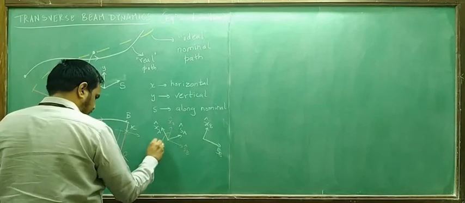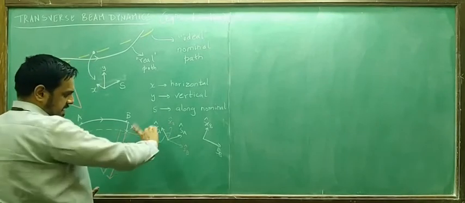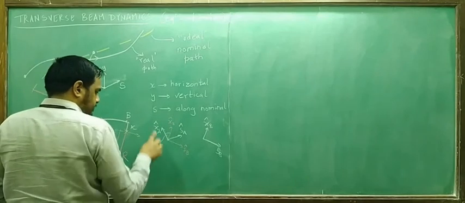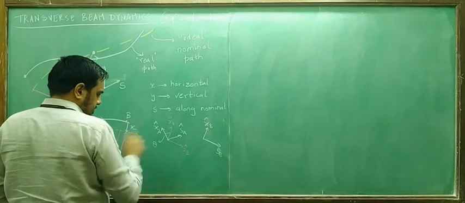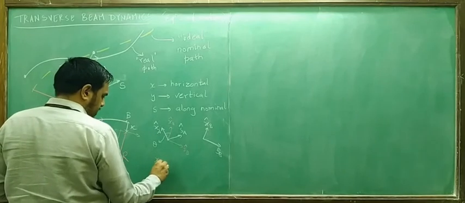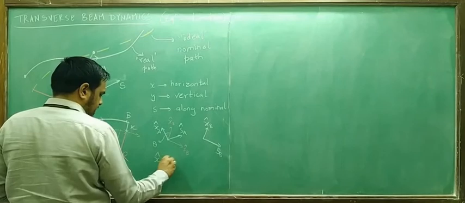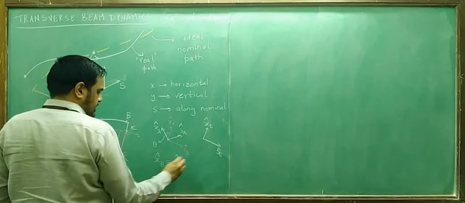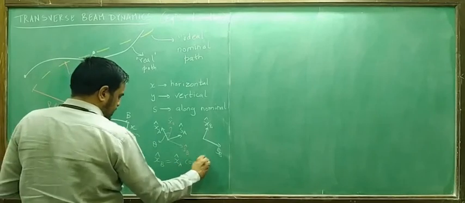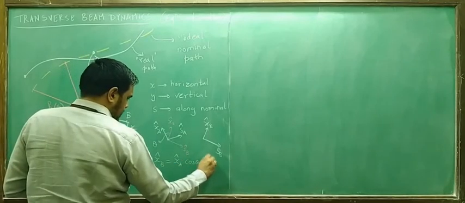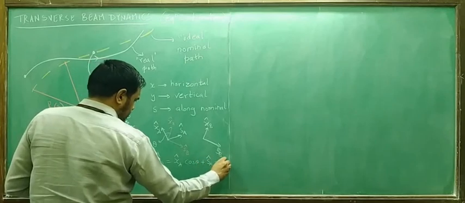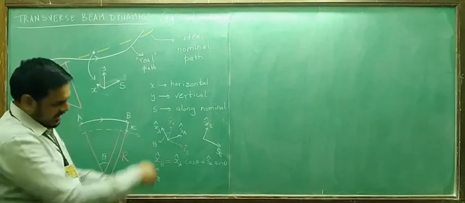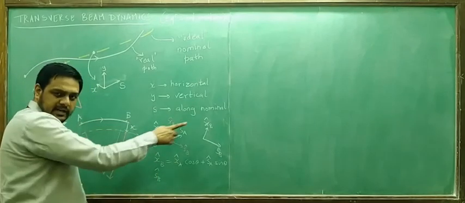This angle is theta, just as it is here. That is the angle by which the orientation is changing. Therefore, if you look carefully, xb hat is equal to xa hat cos theta plus sa hat sin theta, and sb hat, you will notice that sb has a negative x component and a positive s component.